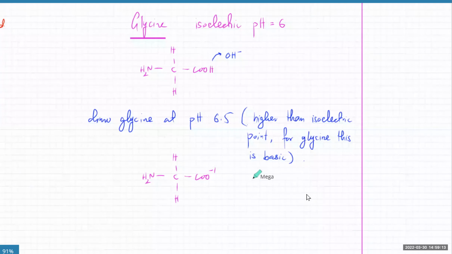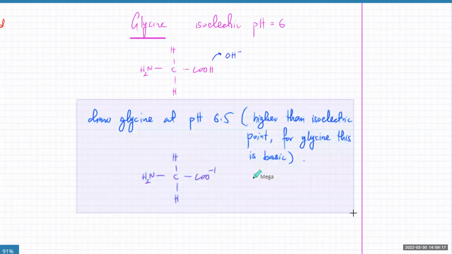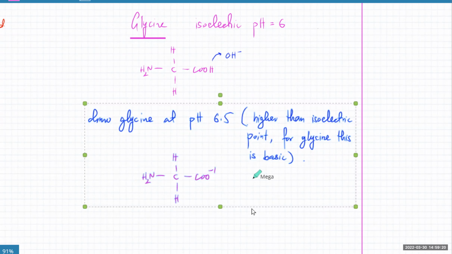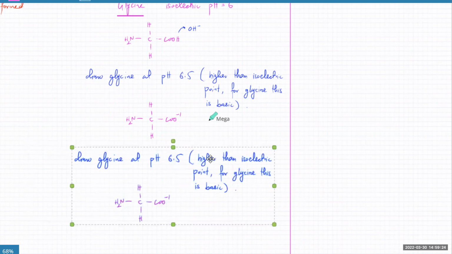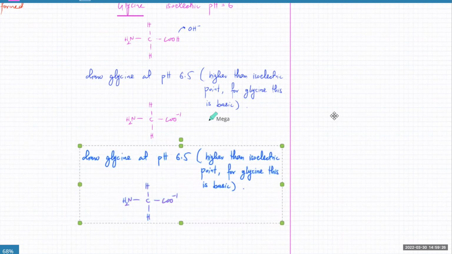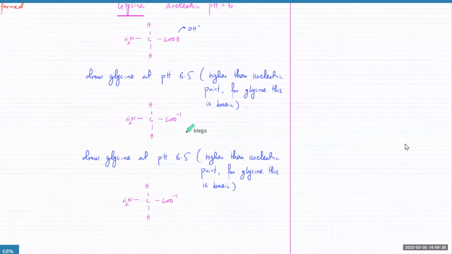Okay, and if he repeats the question and this time says draw glycine at, vice versa, pH 5.5, so it is lower than the isoelectric point.